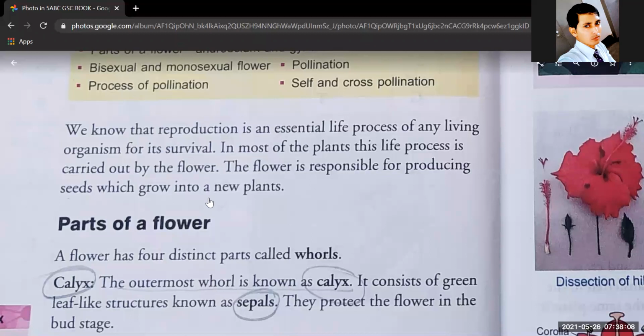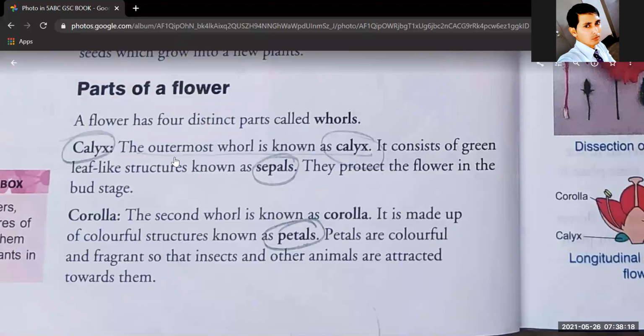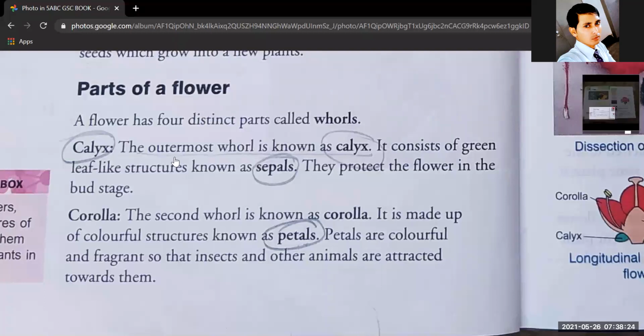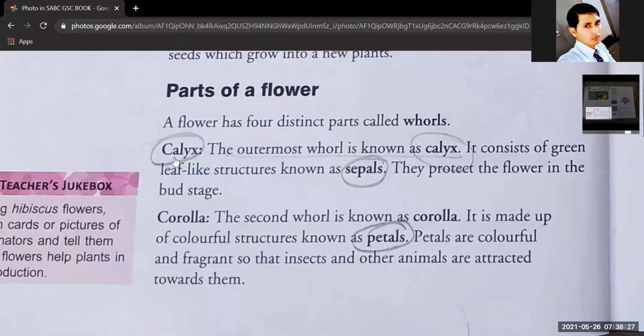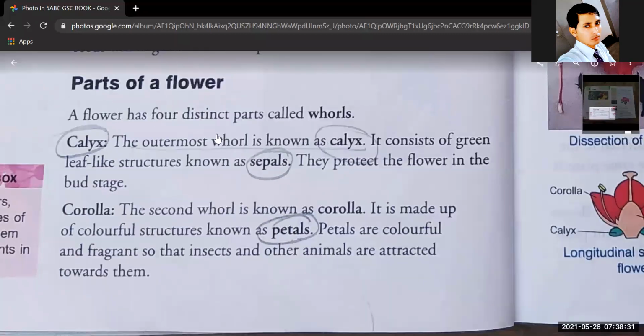Now we are going to study the parts of a flower. We know that many parts of flowers are there, so we are going to discuss them in detail here. A flower has 4 distinct parts called whorls.